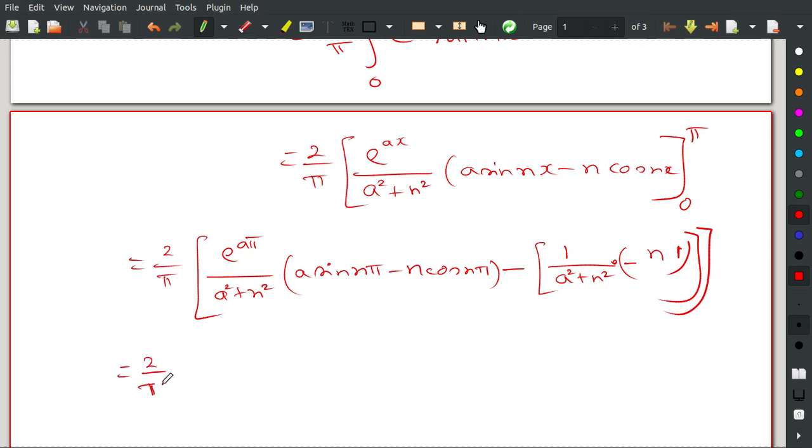So we have 2 by pi, e power a pi divided by a square plus n square.